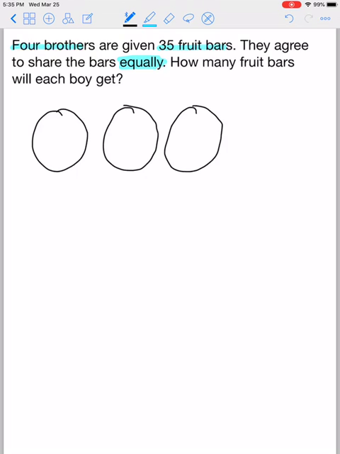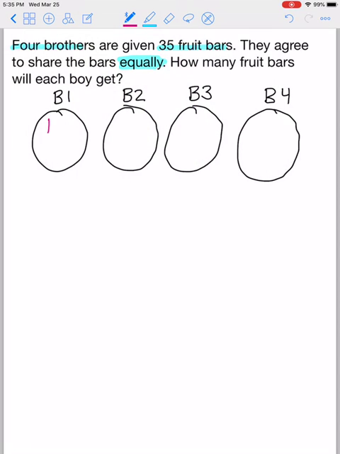So if I have 4 brothers, this is going to be brother 1, brother 2, brother 3, and brother 4. I'm going to do tally marks until I reach 35 to see how many equally I can do.